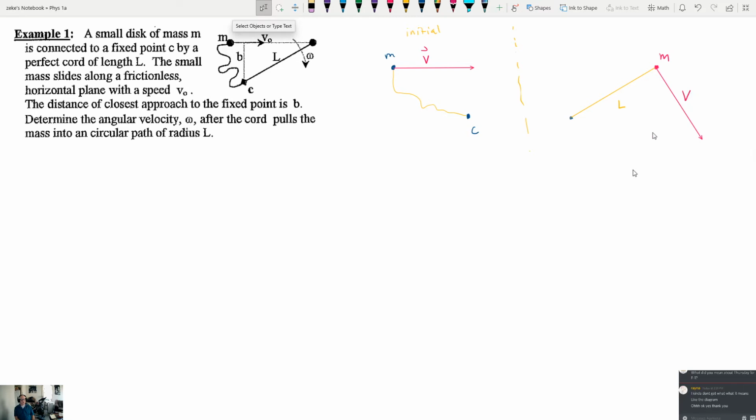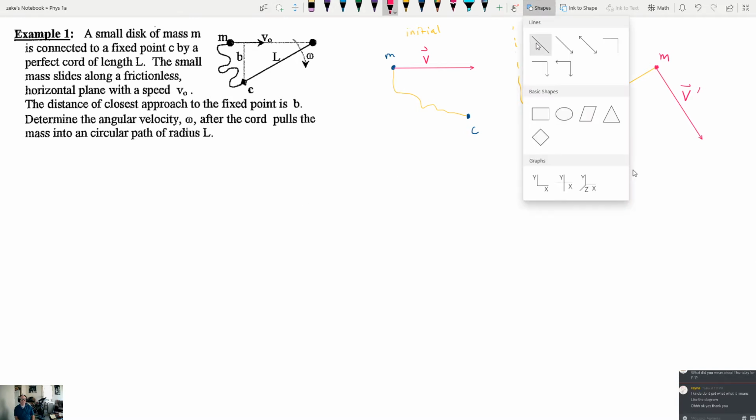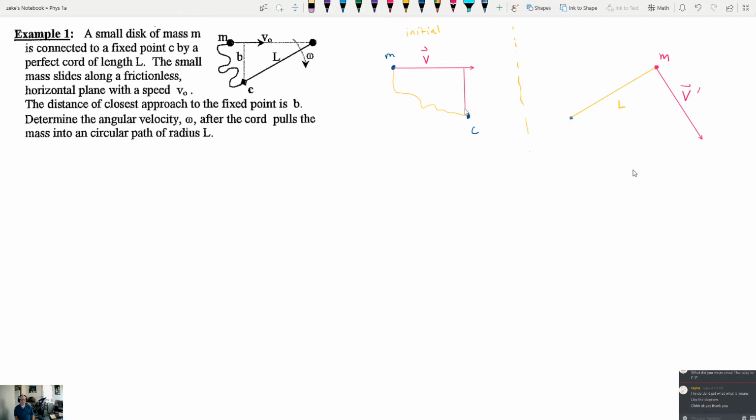I'm just going to call this v prime. And the other piece of information we have is that the distance between this point and this point is b. So that distance right there is b.